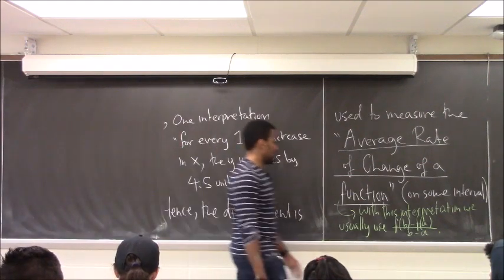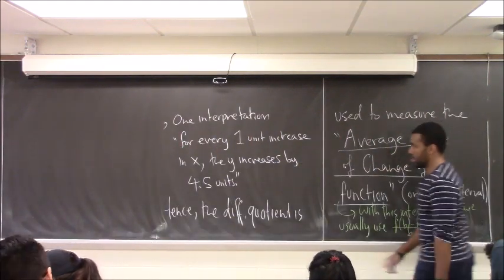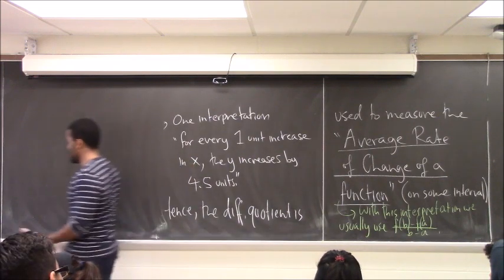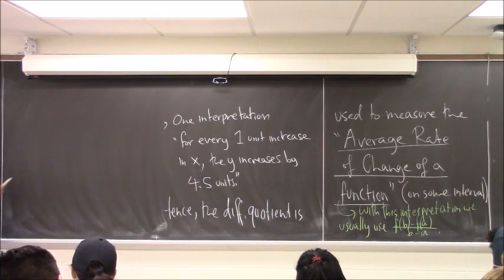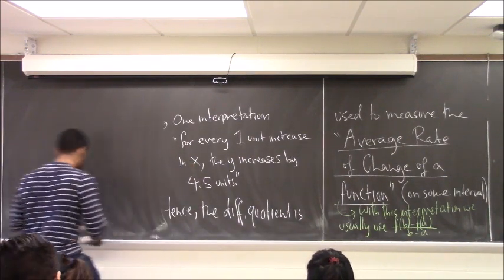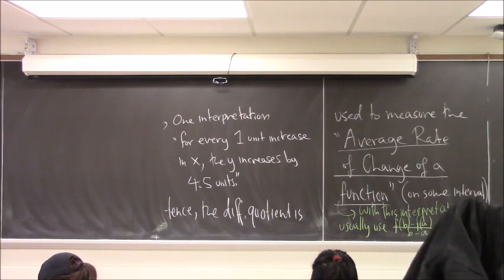We'll stop there. It's a little bit longer than I thought, but that's some very important ideas. Make sure you know how to think about functions, what a difference quotient is, and how to evaluate functions. All very important ideas.